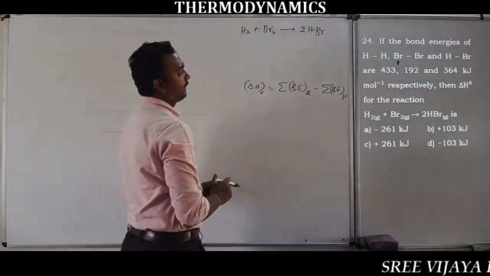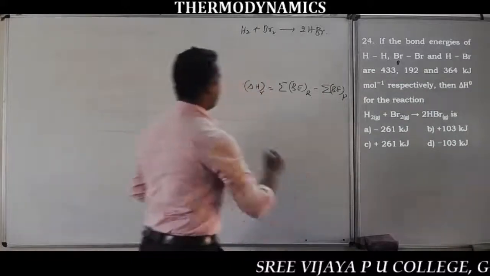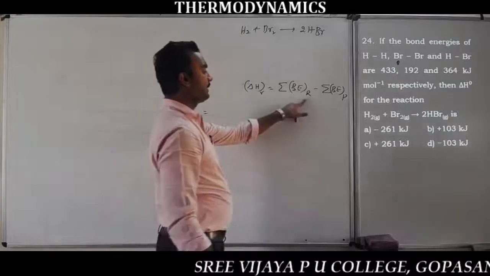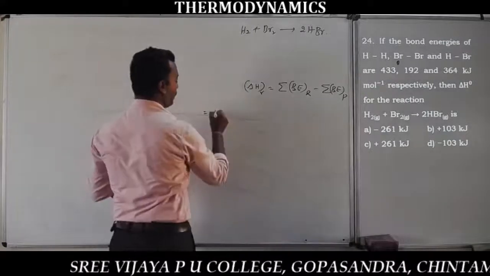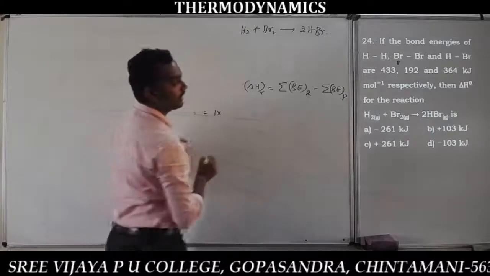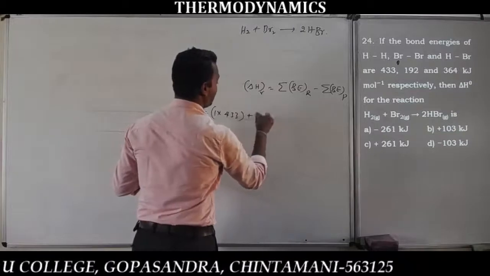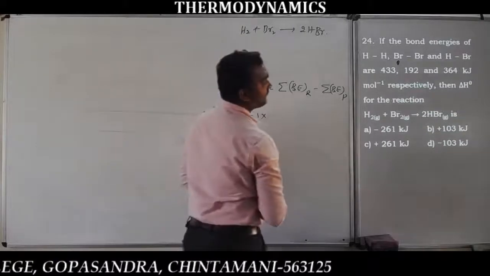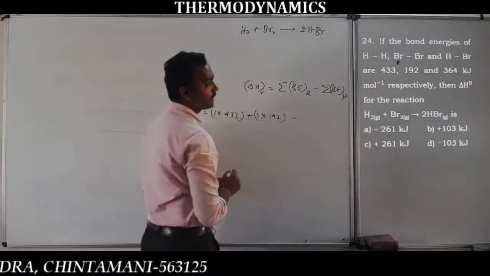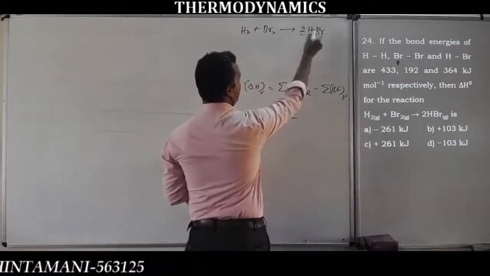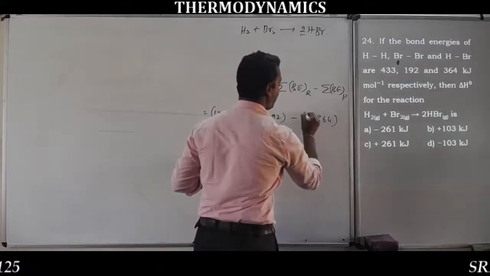We have to find delta H of this reaction. Observe the bond energy of reactants: 1 mole into bond energy of hydrogen, 433, plus 1 into bond energy of Br2, 192. Minus the product HBr: 2 moles into 364 kilojoule.